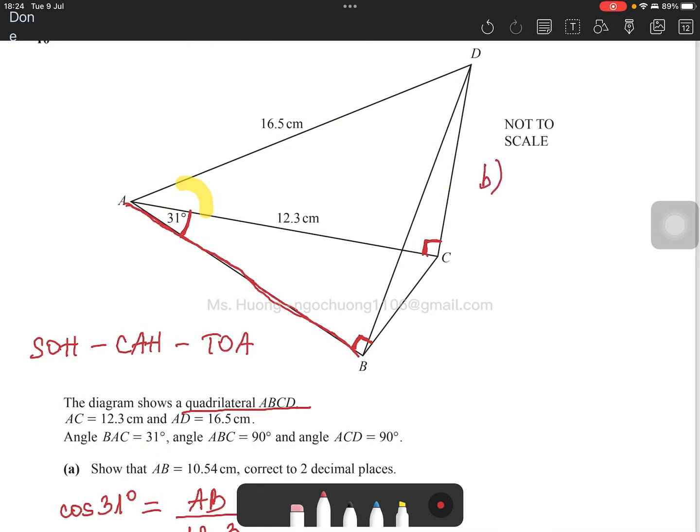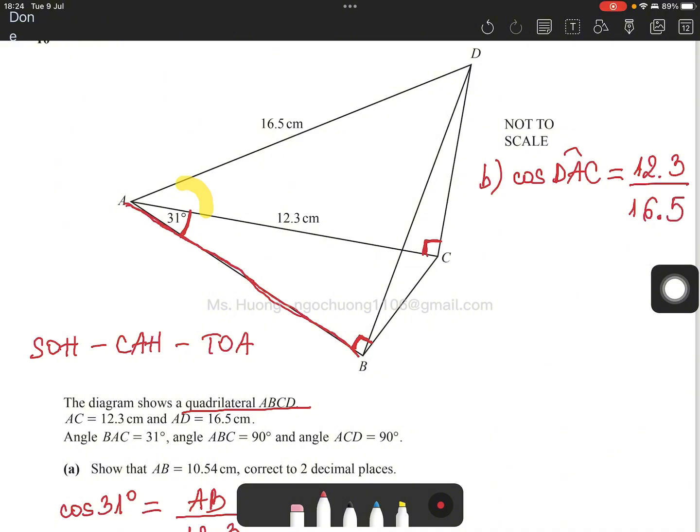This is question B. Cos of DAC is equal to adjacent 12.3 over hypotenuse 16.5. So cos of DAC is this quotient.